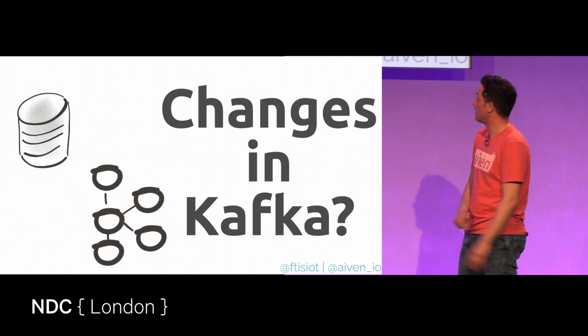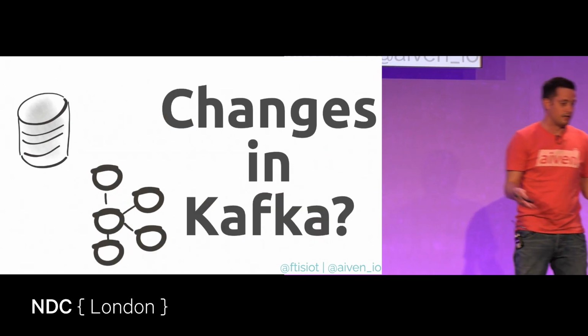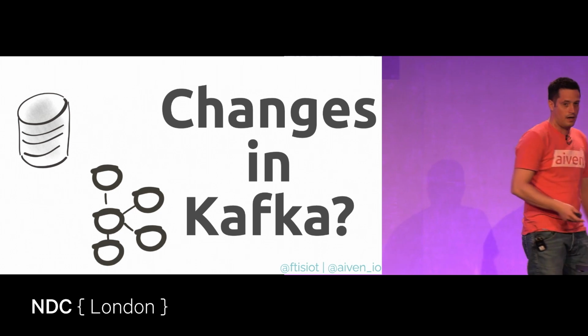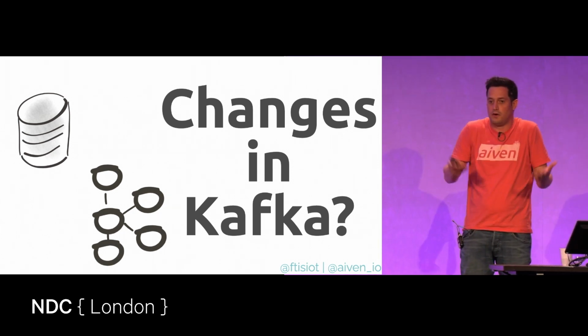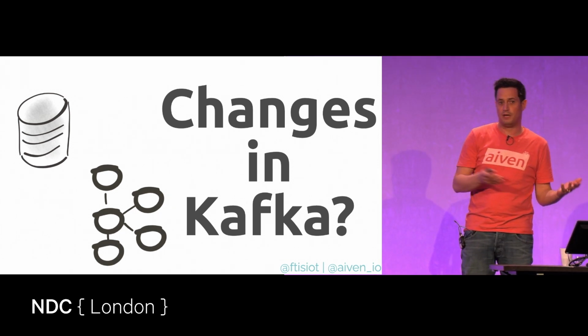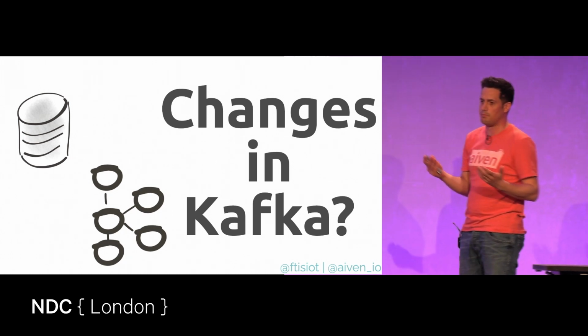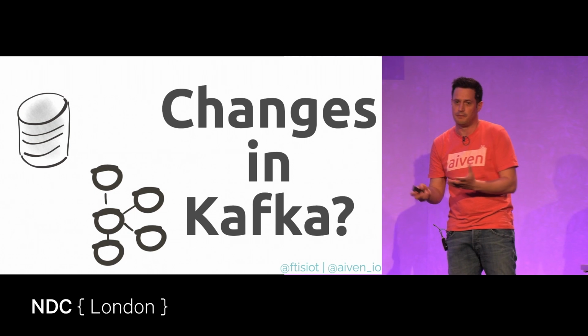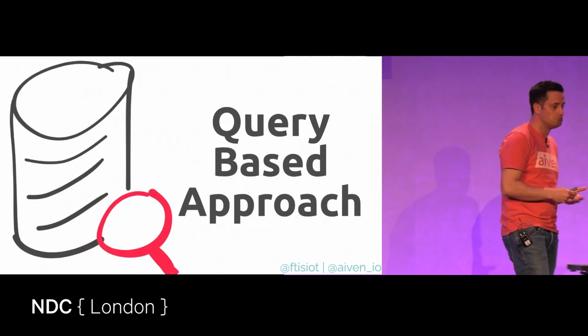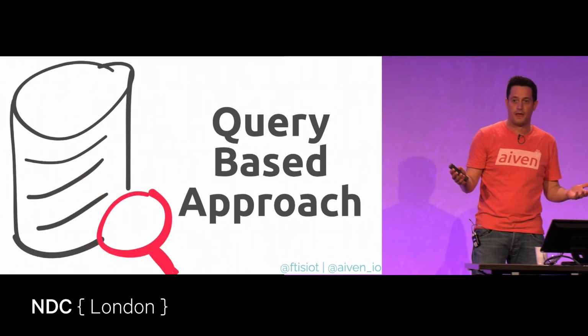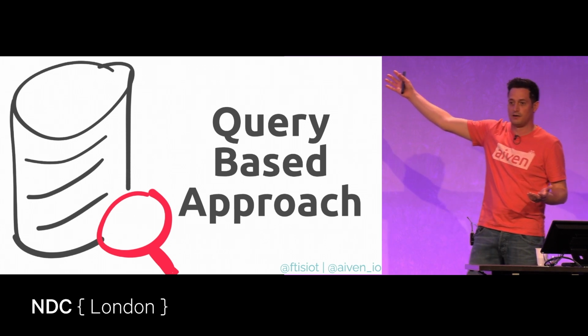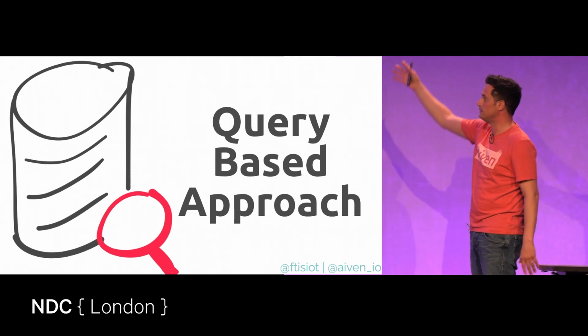Next step. How do I get the database changes in Kafka? If you're new to Kafka, but you have been using databases for quite some time, the usual approach in order to take data out of a database is by querying it. Seems obvious. And if you think this is a good solution, well, you're right.